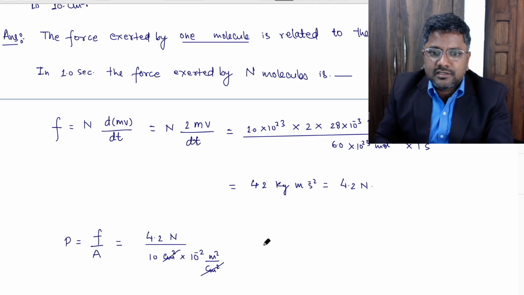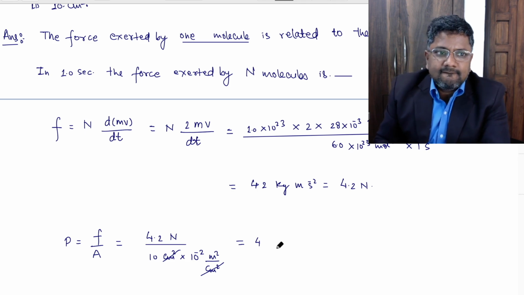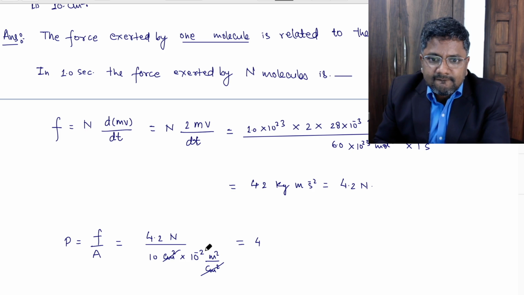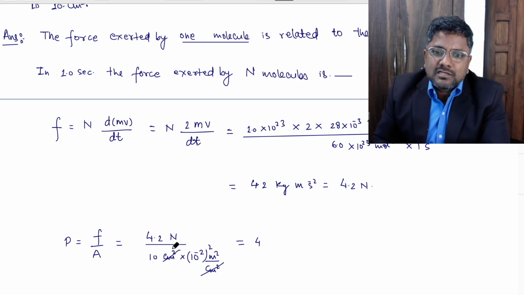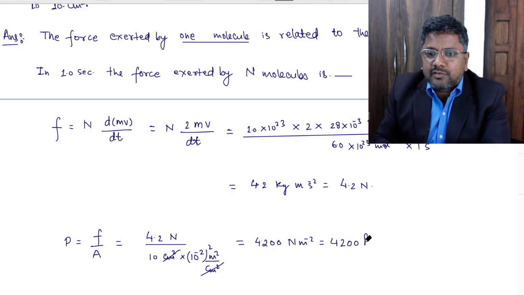So this is cancelled, and we'll get 4200 Newton per meter square, which is equal to 4200 Pascal.